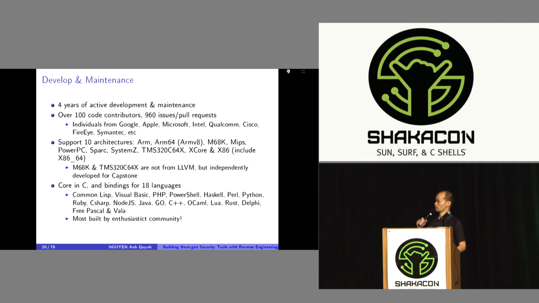The core of Keystone is built in C, and we support so far 18 language bindings. So you can write your own security tools in these 18 languages using Keystone. That's all the common languages you can find, even Common Lisp. So you can write your tools in Visual Basic, PHP, PowerShell, Haskell, Perl, Python, Ruby, C#, Node.js, Java, Go, Rust, and so on.